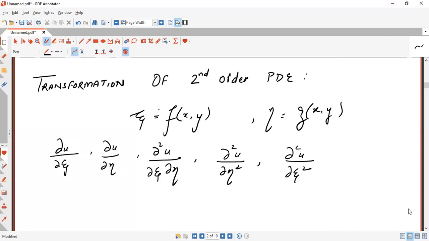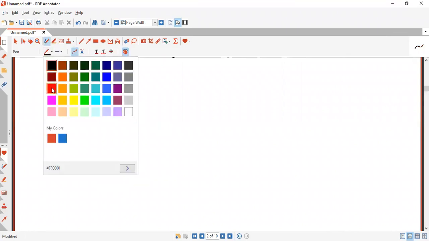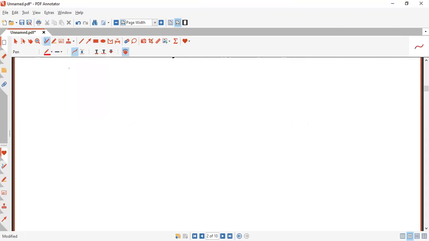Now let's talk about the canonical form of the equation. So the equation will be like this, which contains these kinds of terms. Just like in the first order PDE, I had written Ap plus Bq equals C, where A, B, C were terms including the variables x, y, and u. Here I'll represent the same thing, but with different variables.